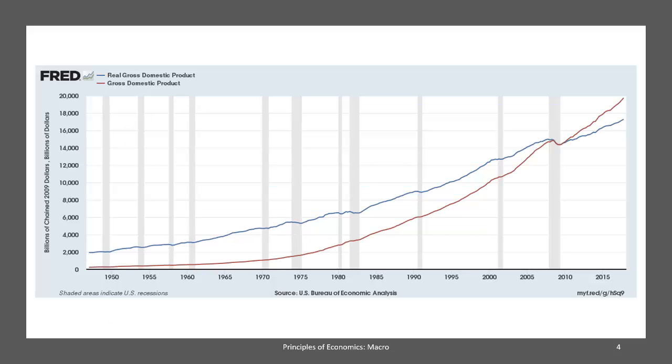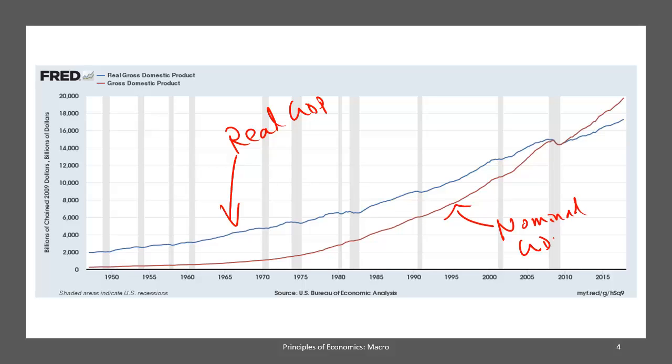Before we go there, I'm going to show you some data on nominal and real GDP. This graph shows the real GDP. This blue line is the real GDP, and this red line is your nominal GDP.